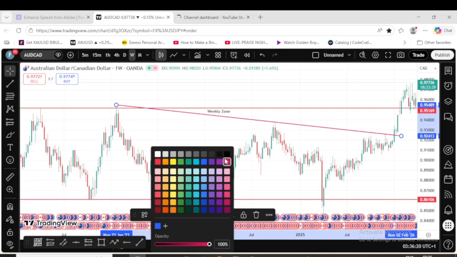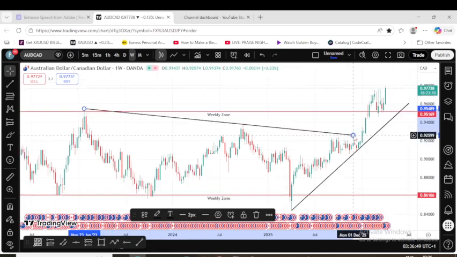So we also have another trend line here. So these two trend lines are our weekly trend lines.